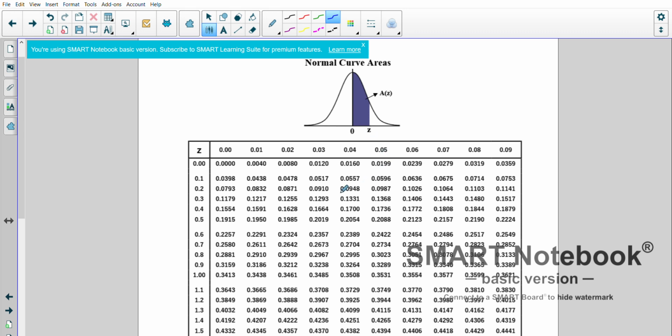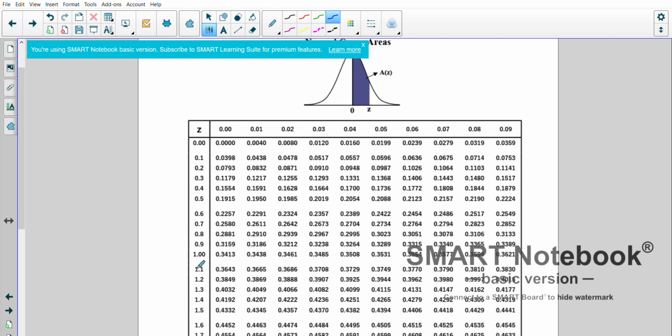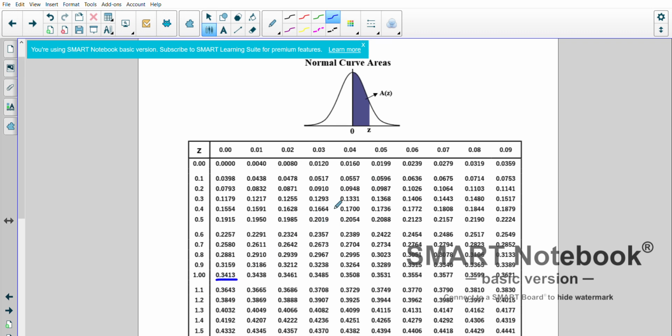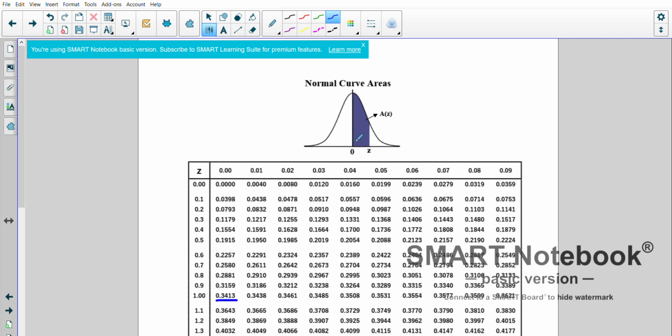So for example, 1 standard deviation away is 0.34 or 34%. And that makes sense because if z was 1 and this was -1, we'd have 34. This would be the 68.